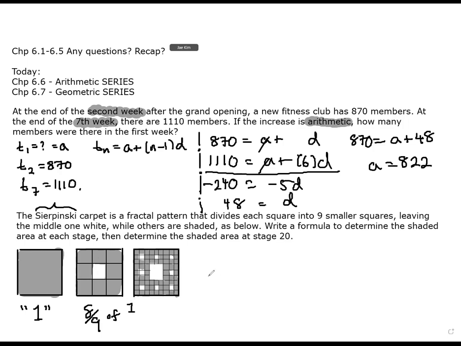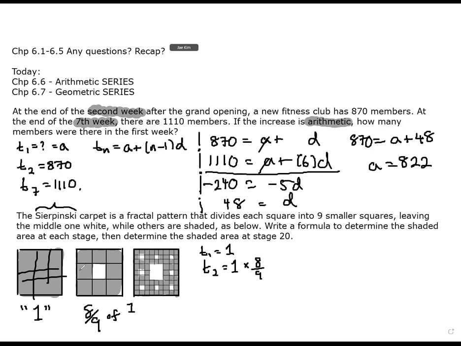So if you think about it mathematically, stage 1, so T1, is the entire thing shaded, but T2, 8/9 of it is shaded, right? Because this square was cut into 9 pieces and one of them was left out.